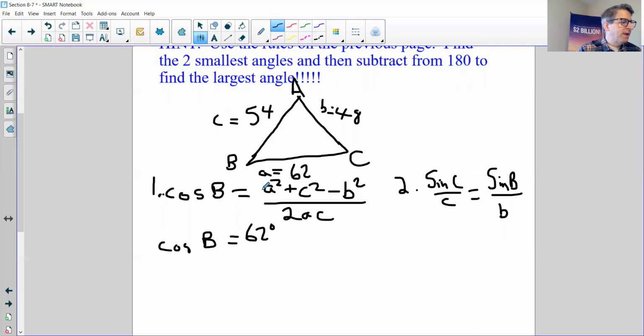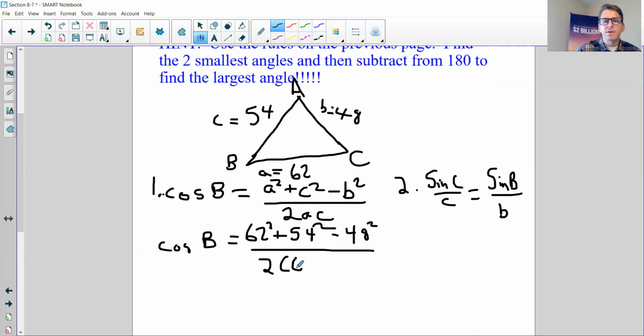Not 62 degrees, but 62 squared. So it's 62 squared plus 54 squared, then subtract 48 squared, all divided by 2 times the A, which is 62, and times the C, which is 54.